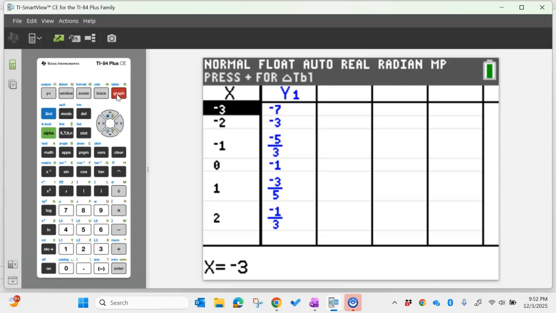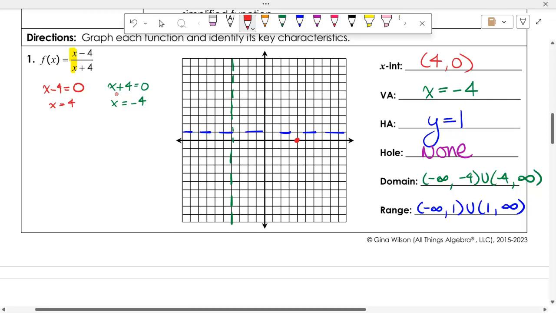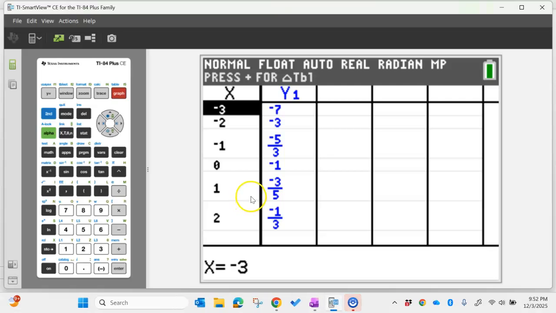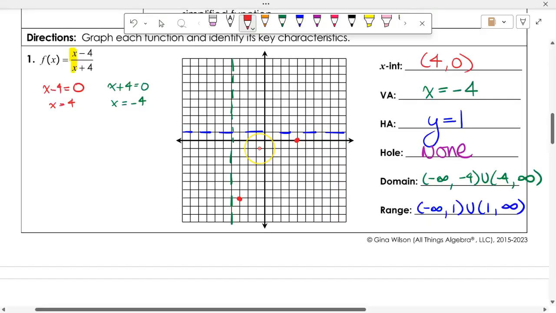What I'm asking you to do is just to try and find at least two identifiable points on either side of the graph. So like -3, -7, that's a great identifiable point. So I'm going to go -3, -7. 1, 2, 3, 4, 5, 6, 7. -3, -7. So that's a point. So I've now got 2 points over here on this side, and that should be sufficient, but I'm just going to do a little bit more because I see this -2, -3 right there.